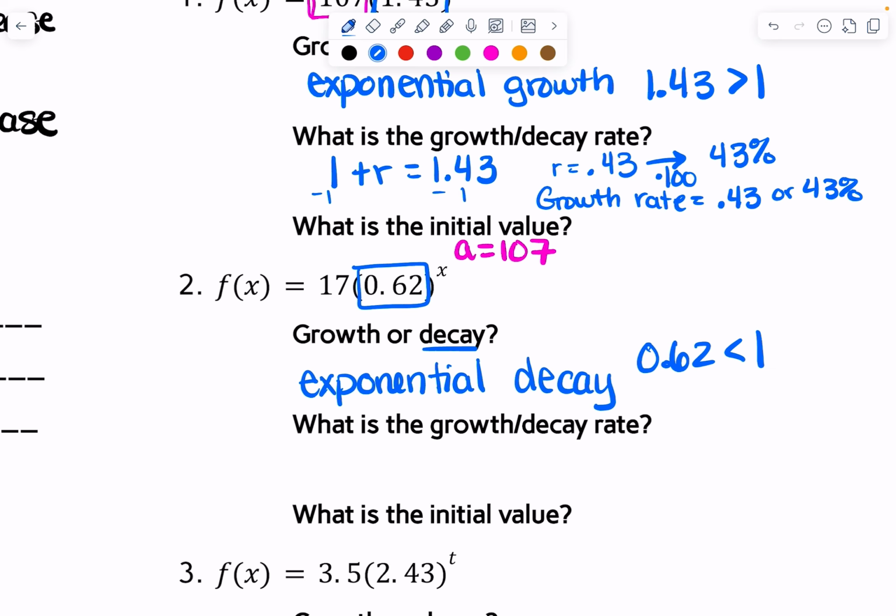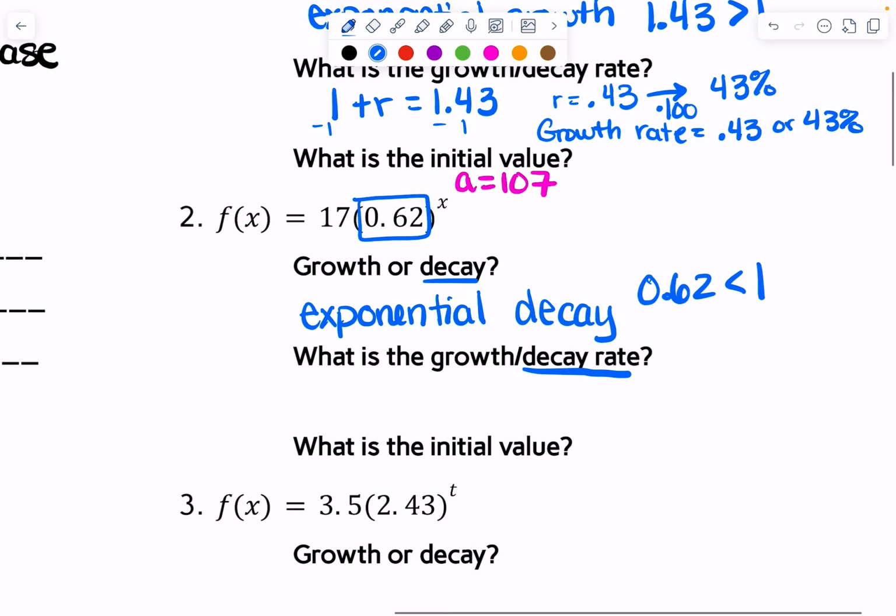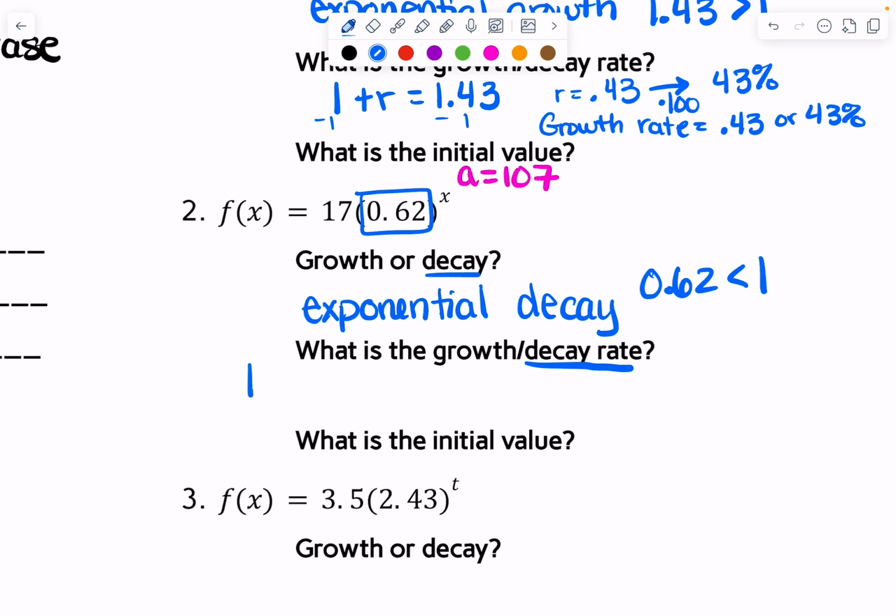To figure out what that decay rate is, we're still going to use that 1 plus r, and we're going to say that's 0.62. Subtracting the 1 from both sides gives me an r of 0.38, which if I turn that into its percent by multiplying by 100, would be a 38% decay rate.